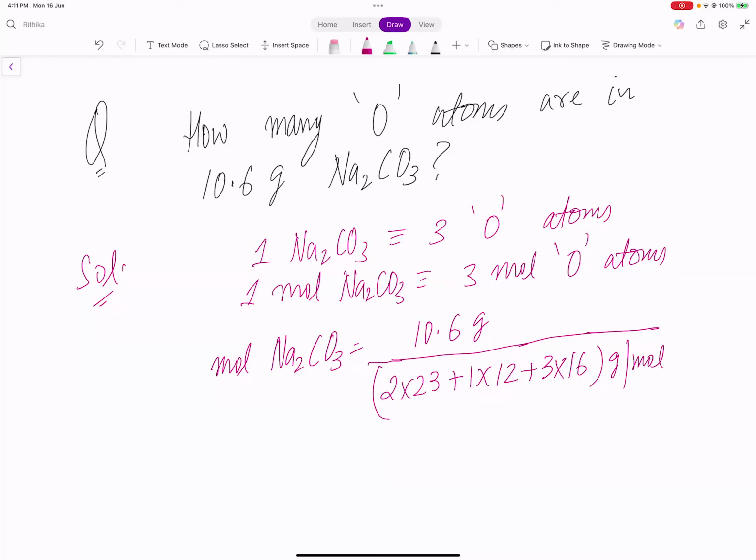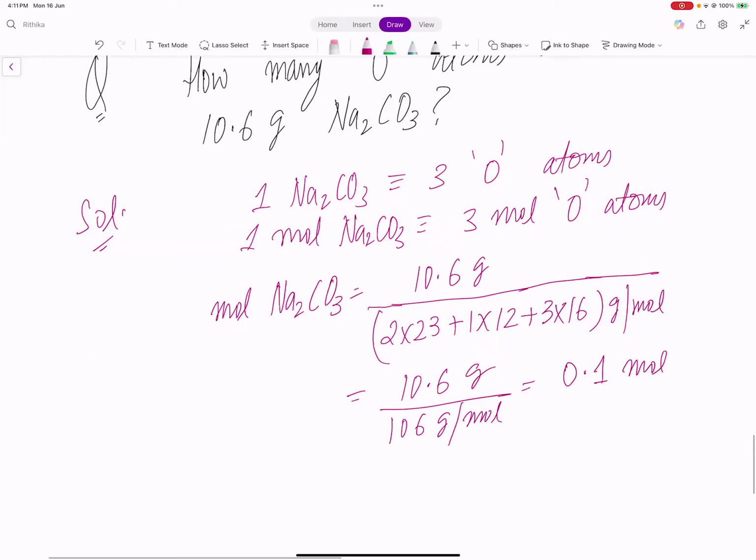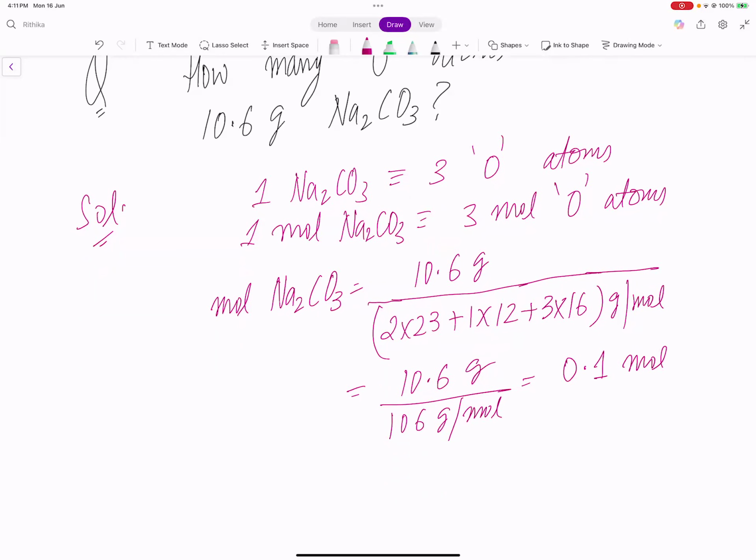So this becomes 10.6 gram divided by 106 gram per mole. So this becomes 0.1 mole. Now I know 0.1 mole Na2CO3 is there, so it implies 0.1 mole Na2CO3 will have 0.3 mole O atoms.